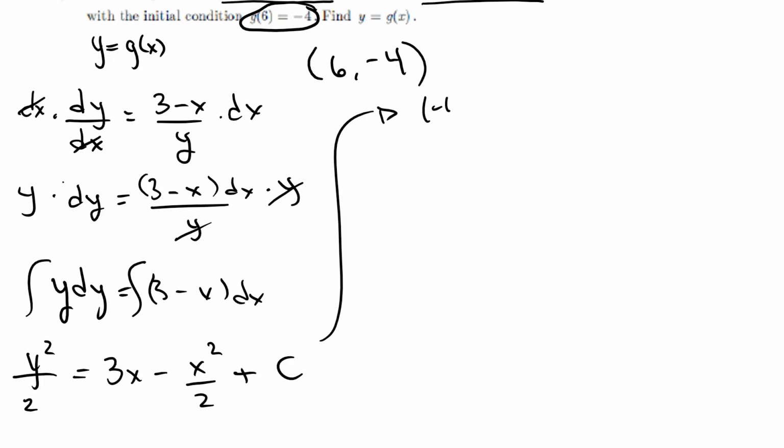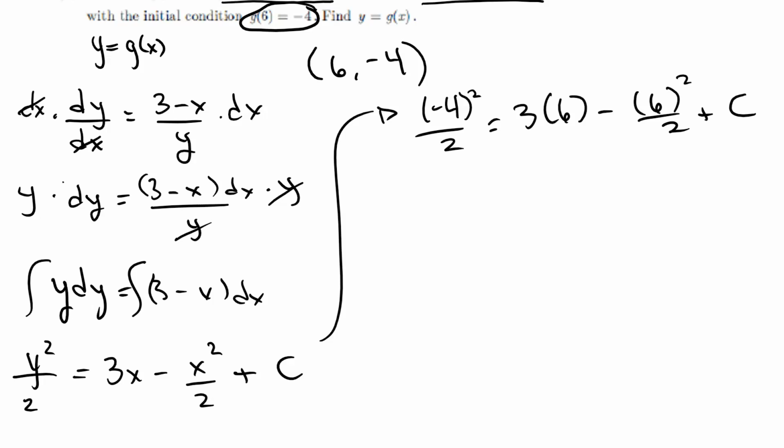So I've got negative 4 squared over 2, equals 3 times 6 minus 6 squared over 2 plus c. So negative 4 squared is 16. I guess I'll write it all out. I've got 18.